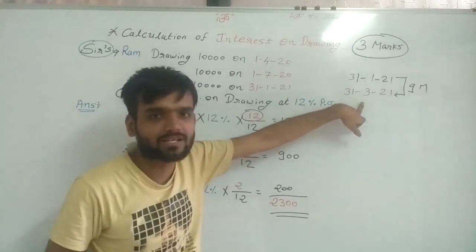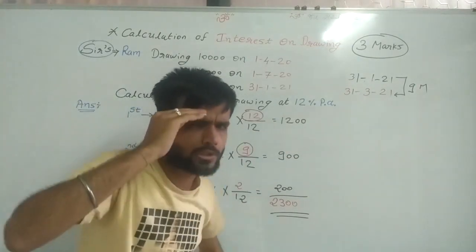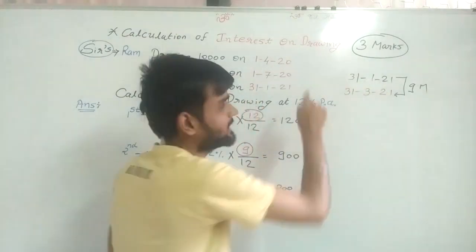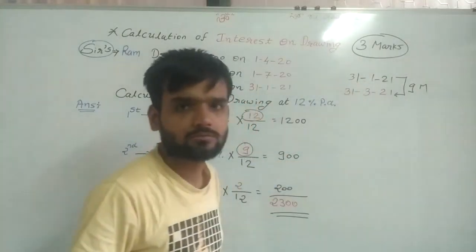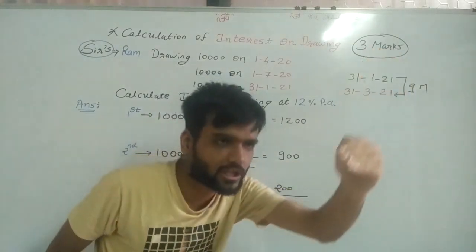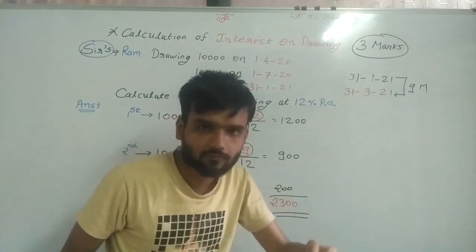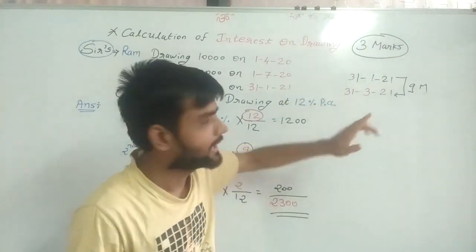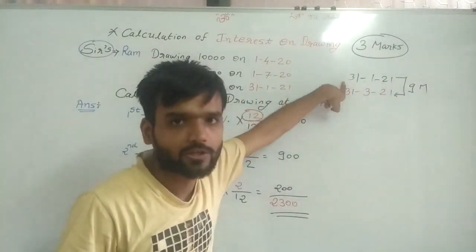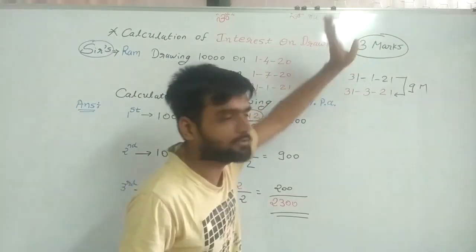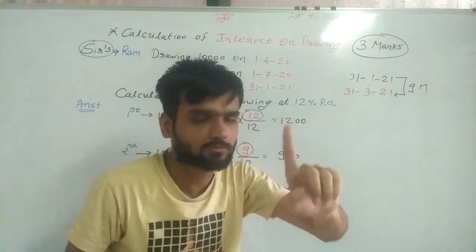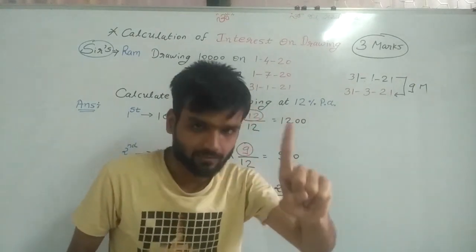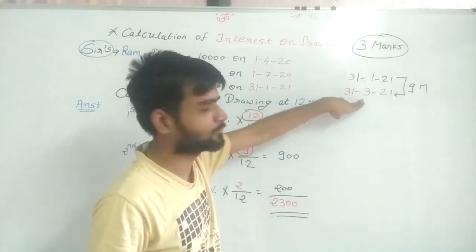How many months are there? Now try to understand, please. 31/1/21 is the last day of the month. The January month is already completed, so we cannot calculate January because it is already completed. It's the last day of January, and that's why we are not considering January. The first month is not considered. We are calculating the second month and third month in full.